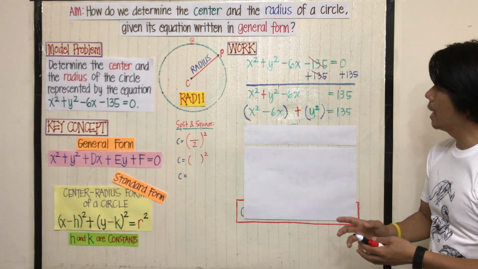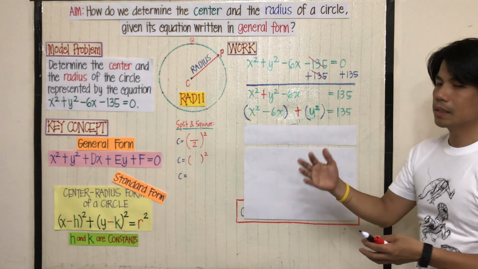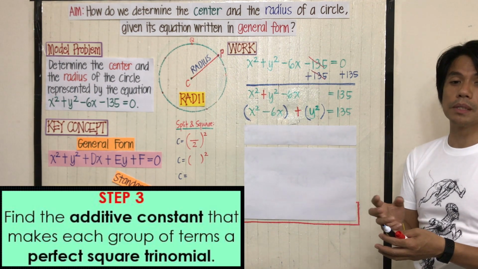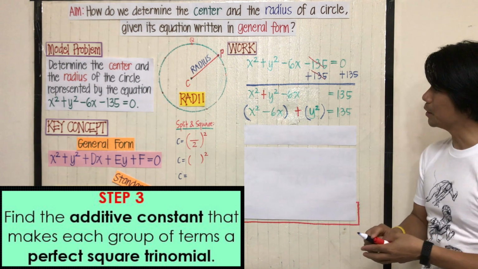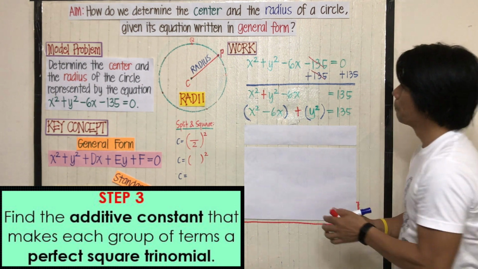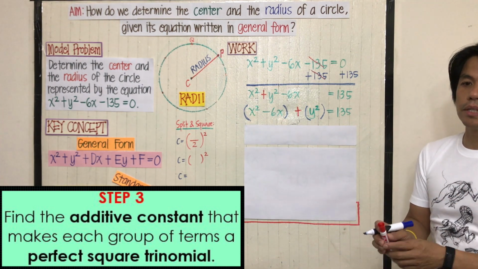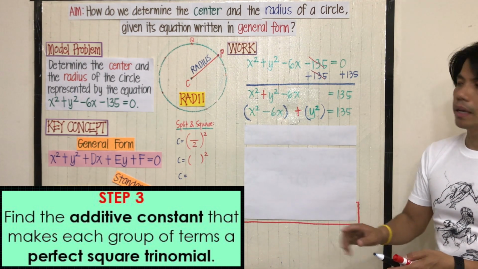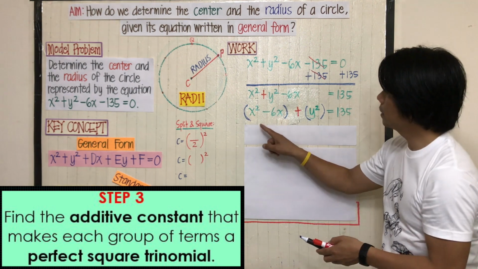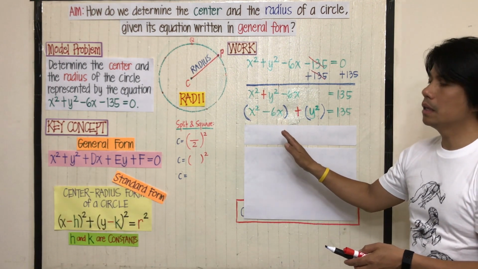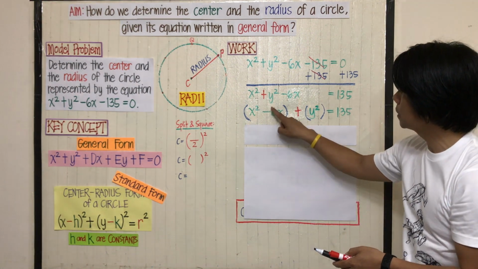All right. Now, step 3, it says find the additive constant that makes a group of terms a perfect square trinomial. So what do we do? In the previous lesson, I attached the link below. Check it out. So how do we find the constant? Remember the linear coefficient, which is negative 6.